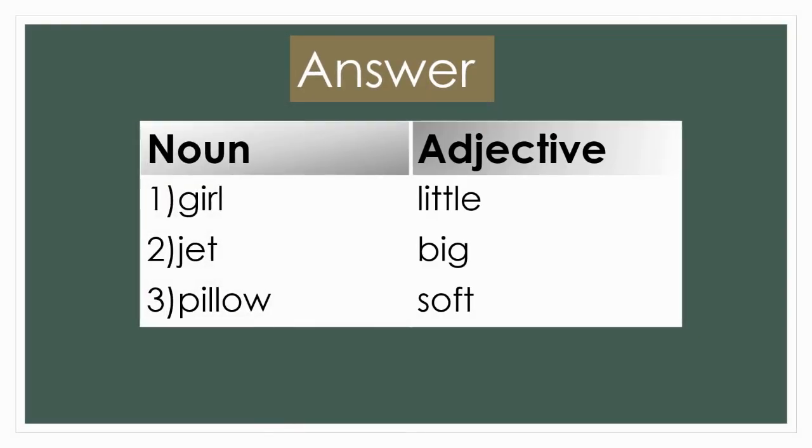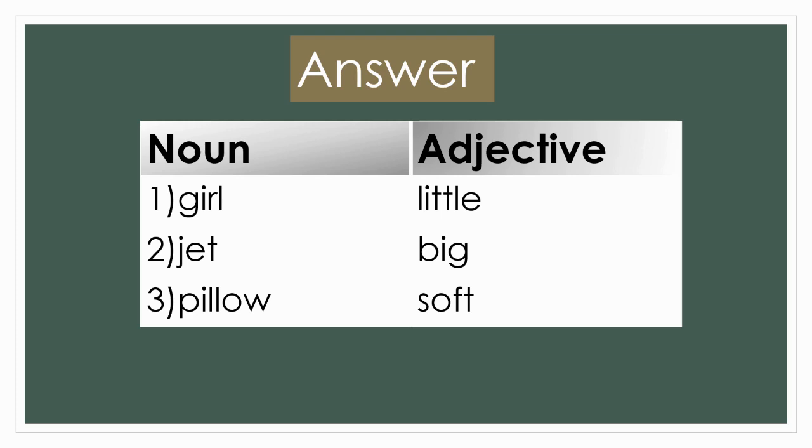Here are the answers. The first sentence was the little girl was crying. In that sentence, the word girl is a noun and little is an adjective, as little is telling us more about the girl. The second sentence was I saw a big jet flying.